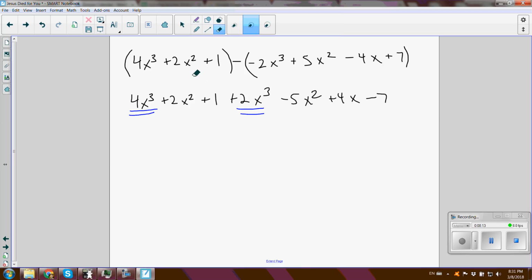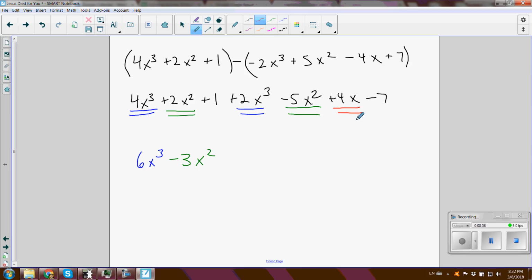That would be 6x cubed, plus 2x squared minus 5x squared, which gives us minus 3x squared. There's only one term with x to the first power, so we've just got plus 4x. And we've got two constants, 1 and negative 7, which will be minus 6. That's how you subtract polynomials.